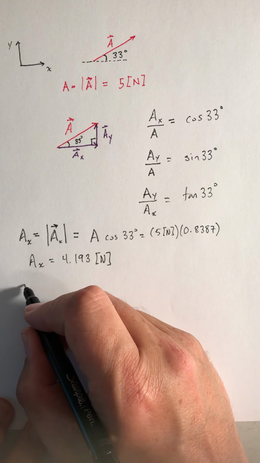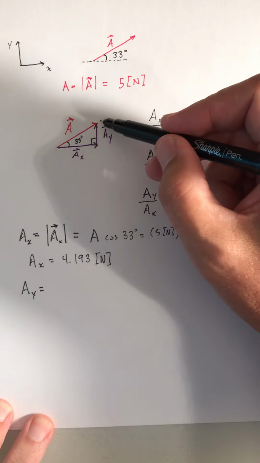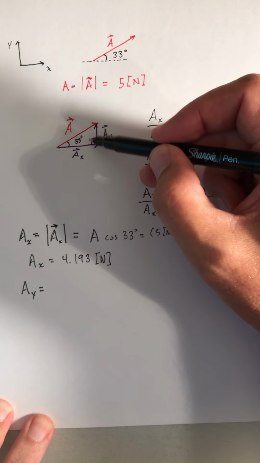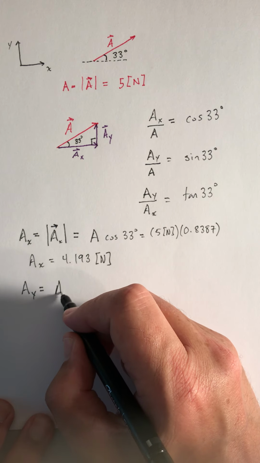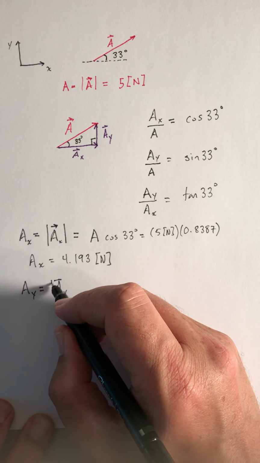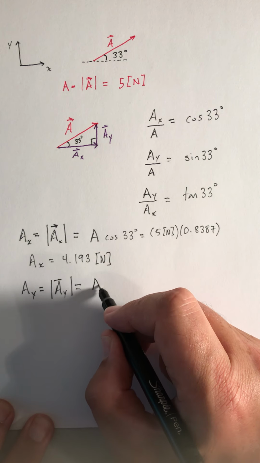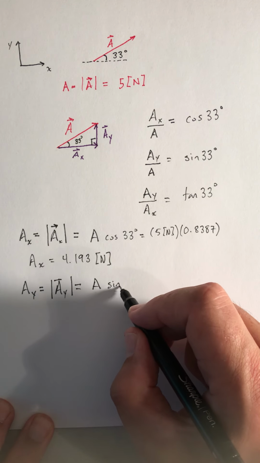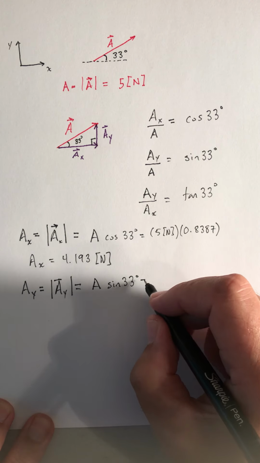Now trying to find the y component, which is asking what is the magnitude of this vector, vector A sub y. It's going to be the length of the hypotenuse times sine of 33 degrees.